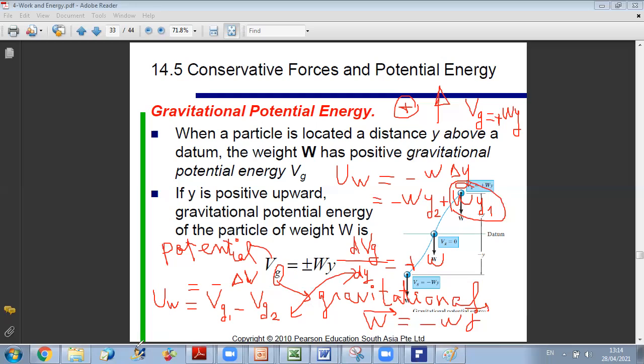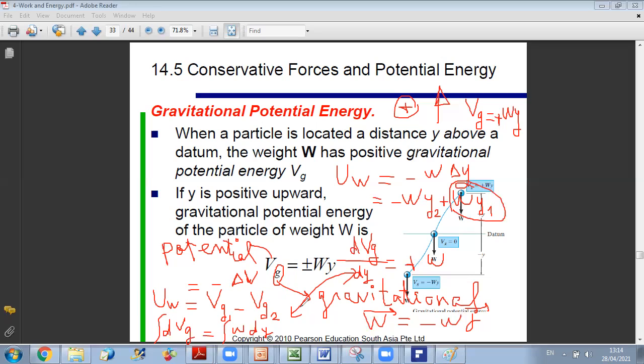So if you integrate, if you go back and write dVg equal to W dy, and you integrate both sides, you will end up with the relation that the work of the weight is Vg1 minus Vg2.